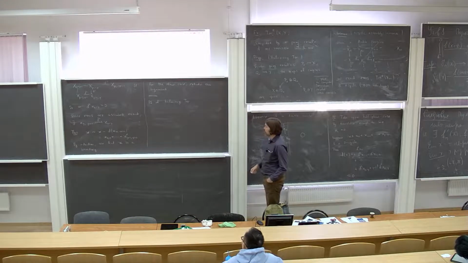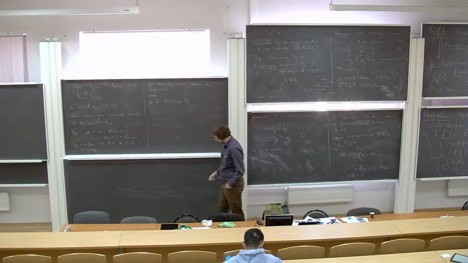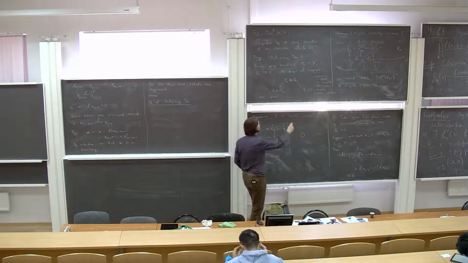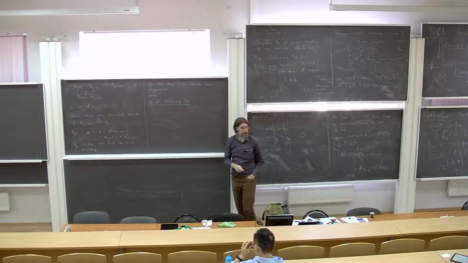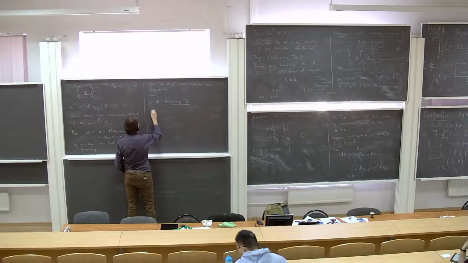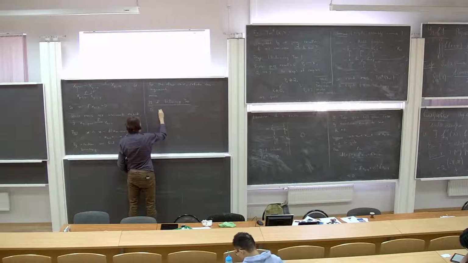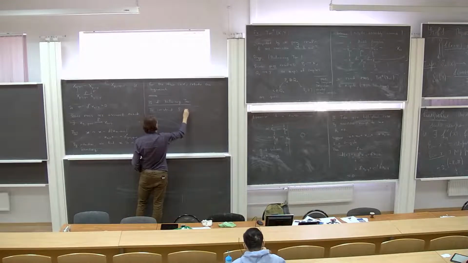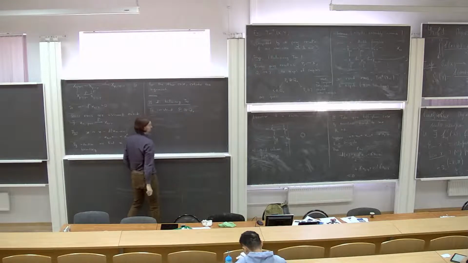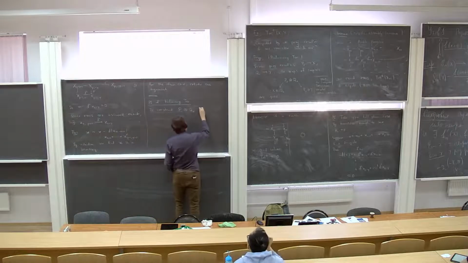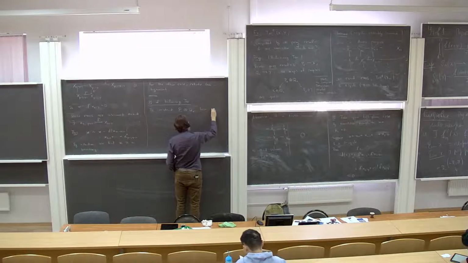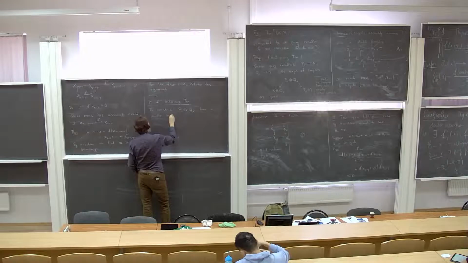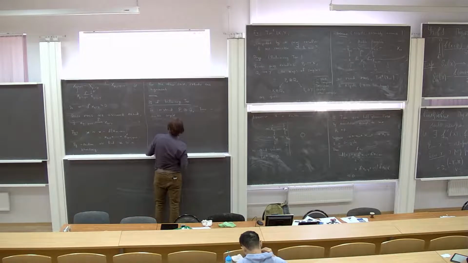Okay, so proof of balancing Tor. So let's remember how we construct the tensor product of two complexes. To construct this, we form a double complex, which looks like the following.